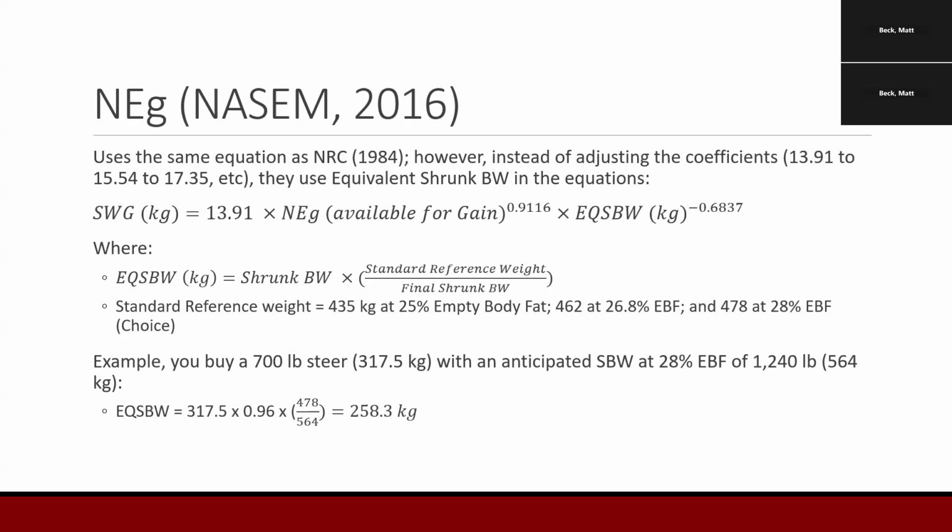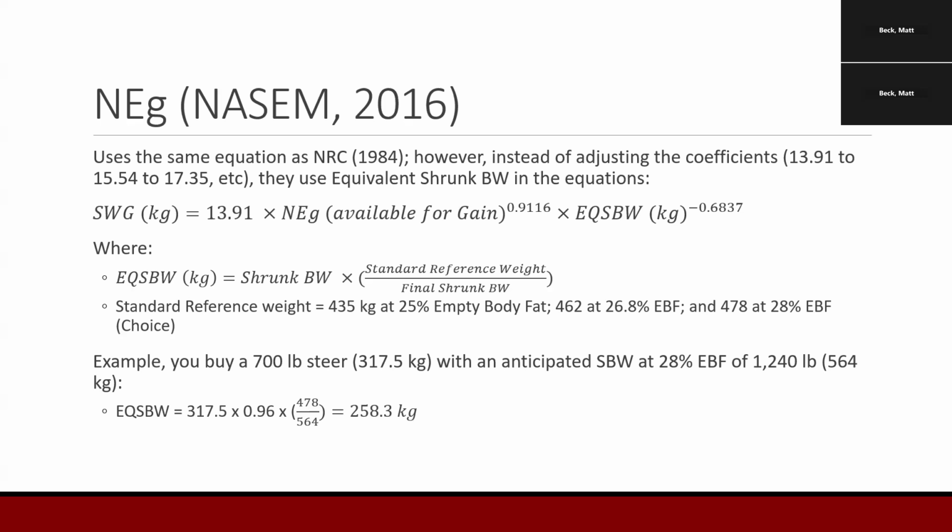Equivalent shrunk body weight is calculated as the shrunk body weight of that animal. If we're formulating a ration over a whole feeding period, that shrunk body weight will actually be average shrunk body weight, so the average body weight of the animal over the feeding period, not just at a snapshot in time, times standard reference weight divided by final shrunk body weight.